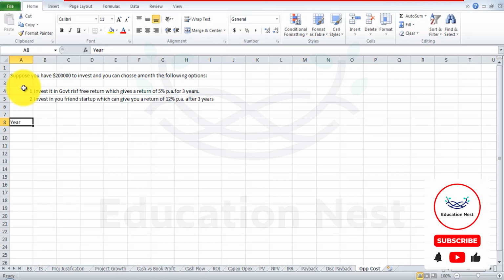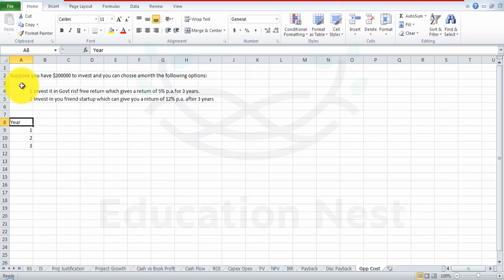Year on year, the bank is going to give you some return. We just look at the current values only. For year one, 5% on $200,000 gives you $10,000 of return. This is for the government bonds.